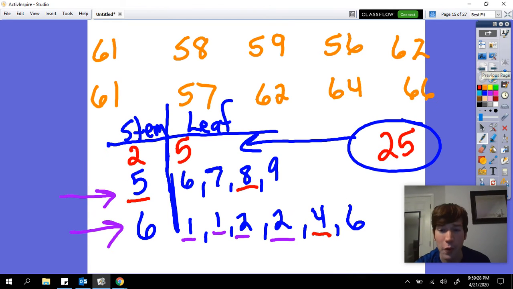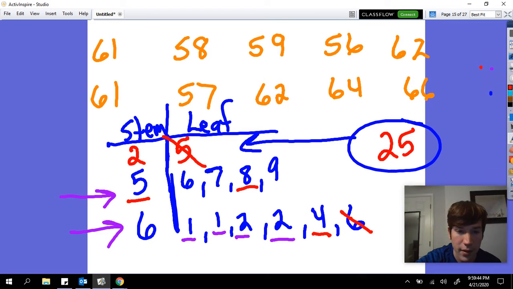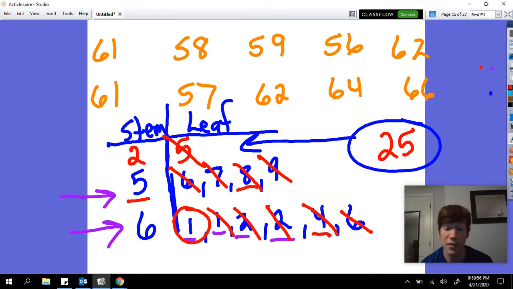Next, we're going to go for the median. Something we'll notice is that because there are now 11 numbers, there's actually going to be a number in the middle. So we're going to use the same strategy we used yesterday: mark off the smallest, mark off the biggest. Next smallest, next biggest. Next smallest, next biggest. Next smallest, next biggest. And now we see that this number is in the middle.